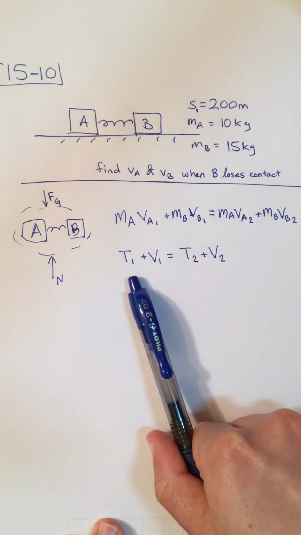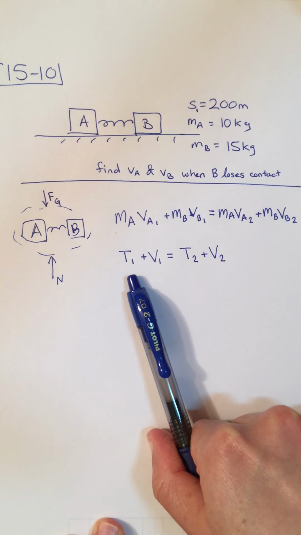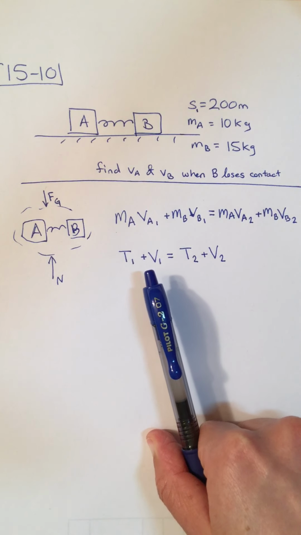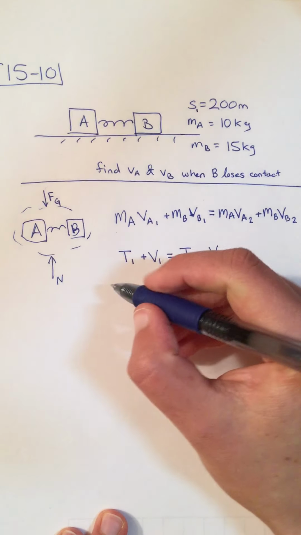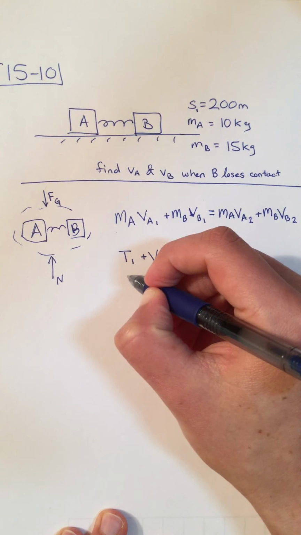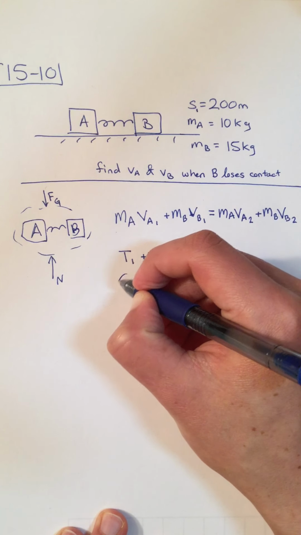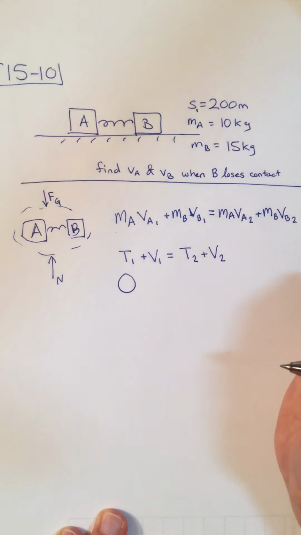For the kinetic energy, we have to look at block A and also block B. And we are told the blocks are released starting from rest, so the kinetic energy for both blocks initially is 0.